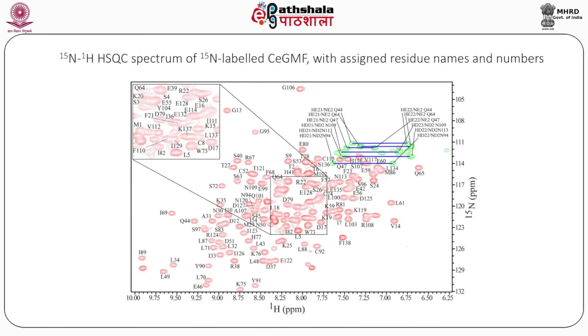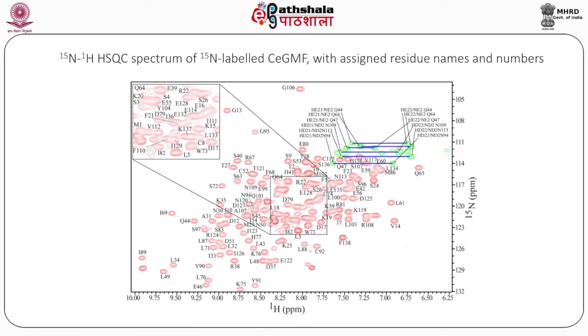So here in this figure what you see is the same N15 proton HSQC spectrum of N15 labeled CEGMF, and this shows you assigned residue names and numbers. For example, G13 is the amide NH peak for glycine at position 13, same for G95, then V14 that you see at the lower end on the right side is of valine 14, and so on.